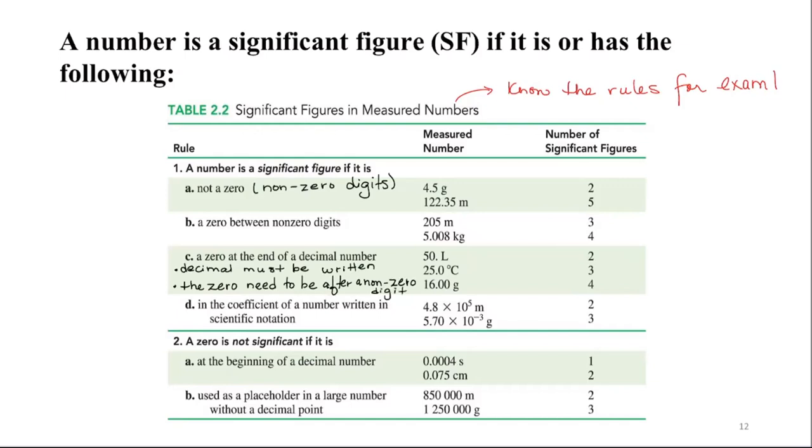In order for rule 1C to be true, you need to meet those 2 parameters. So you can see that the measurement 50 decimal place liters has 2 sig figs because the zero is after a non-zero digit, so it's after the 5, and there is a decimal place written.